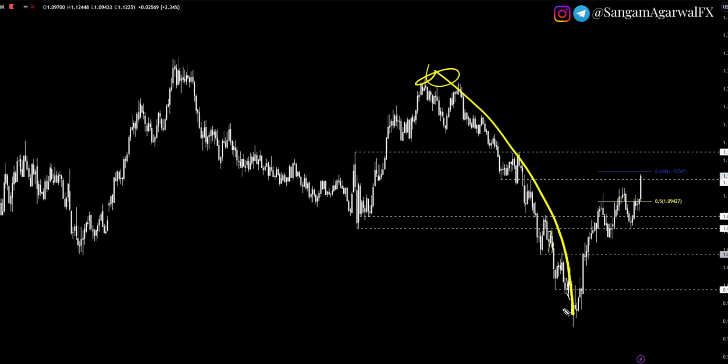EURUSD weekly time frame, price had retraced 61% of this last bearish trend, and this can be your correction, and your next big resistance is 1.1149. But next action depends on your next FOMC meeting. Till then, all of these pairs can be sideways.